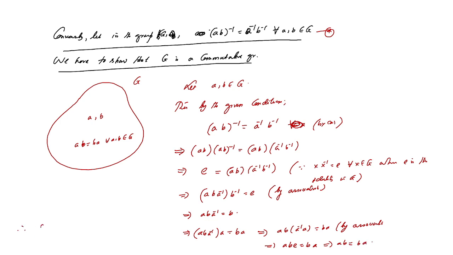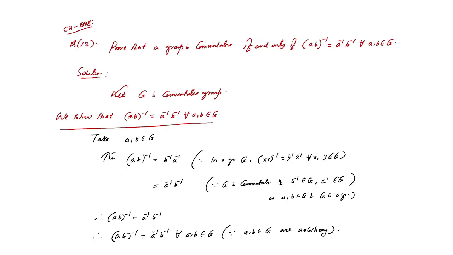So what we have seen is AB equals BA for all A, B belongs to G, because A, B were arbitrary. Hence G, initially a group, now the commutative property holds, so G is a commutative group. So here we have proved this problem: a group is commutative if and only if (AB) whole inverse equals A inverse B inverse.